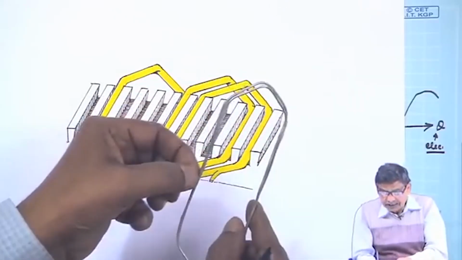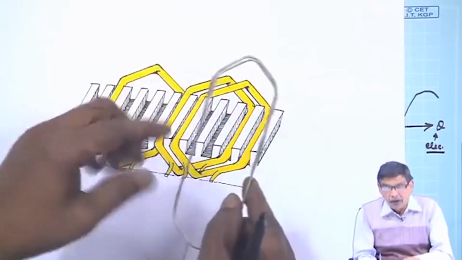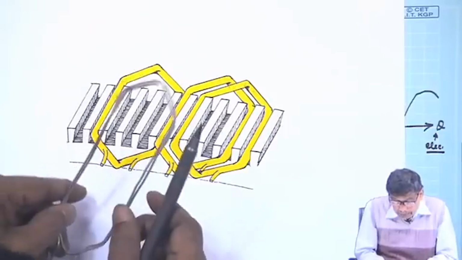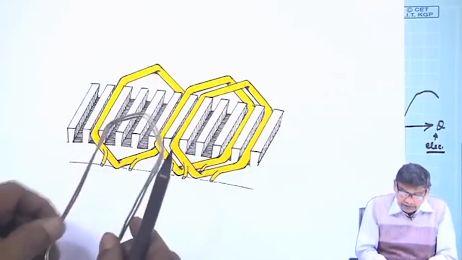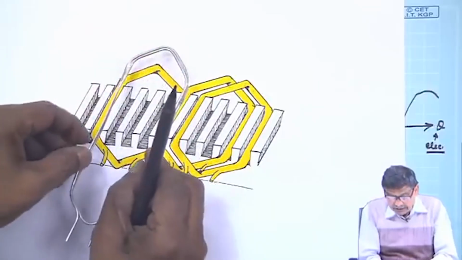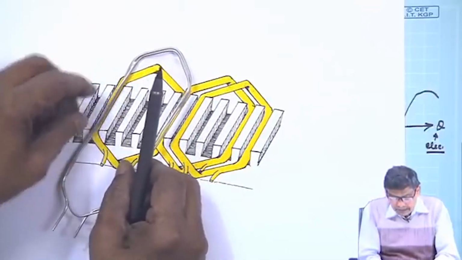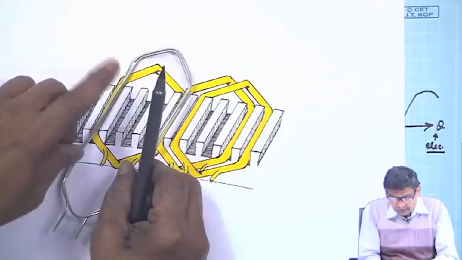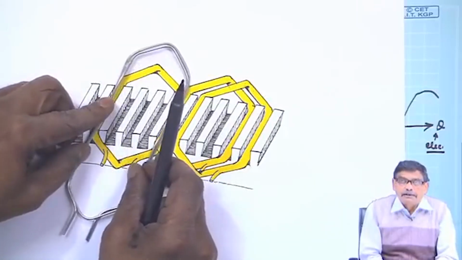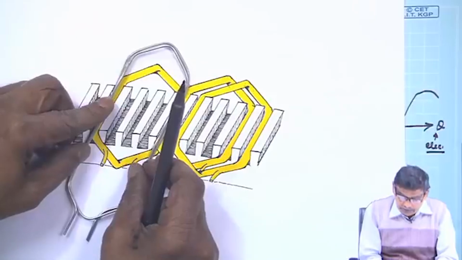So, the induced voltage in this conductor, all the EMFs will be added up, provided you have seen that if this is called one coil side, and at any time it is under the center of the north pole, the other coil side will be under the center of the south pole.